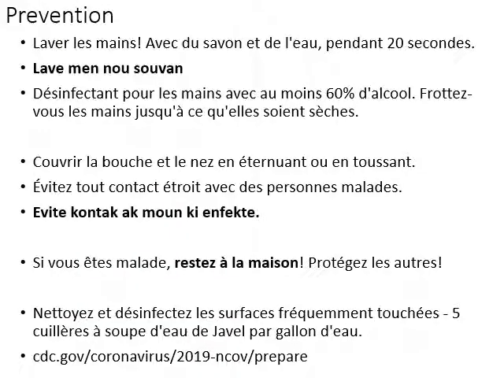Some tips for prevention: wash your hands, which is something we should be doing for any disease. Wash them for at least 20 seconds and often. You can also use a hand sanitizer that's at least 60% alcohol. When you sneeze or cough, cover your mouth.